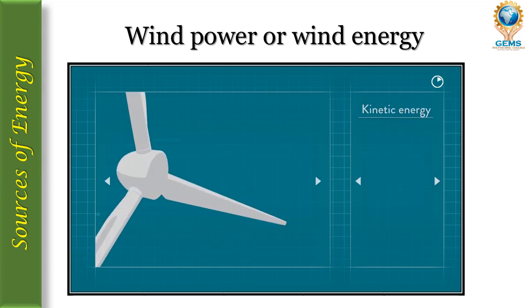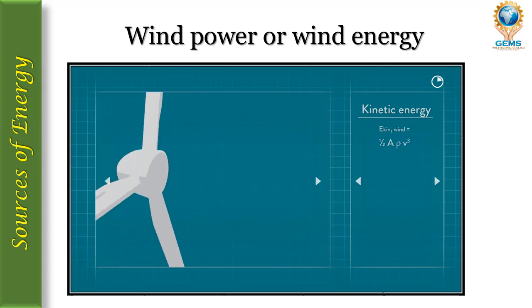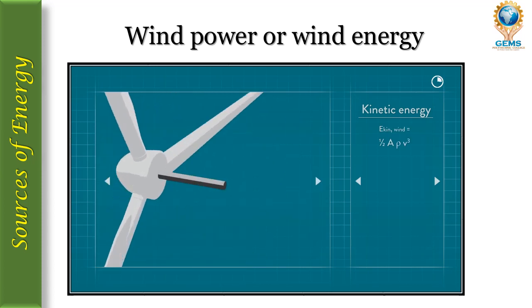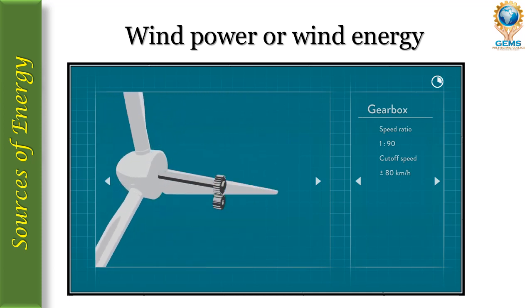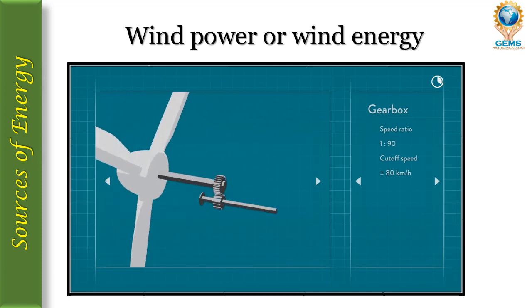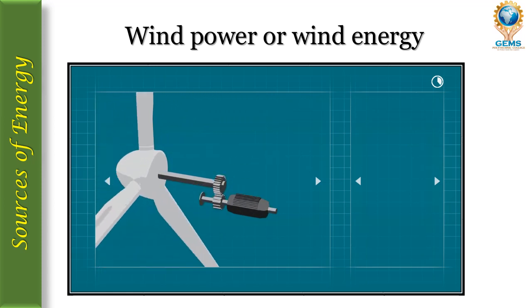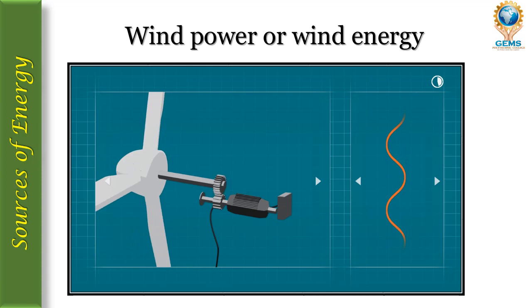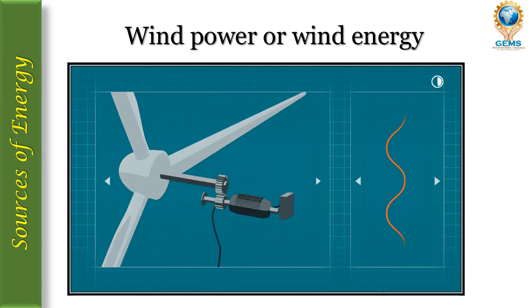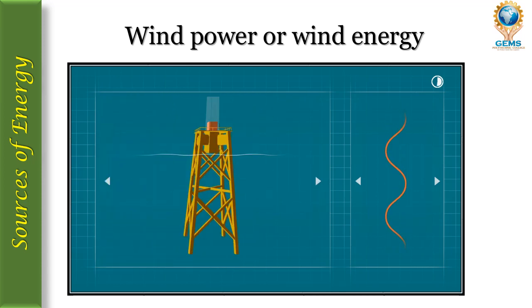The kinetic energy in the wind causes the blades to rotate. The rotor drives a low-speed shaft, and by using a gearbox, the speed of the shaft is amplified. This high-speed shaft drives a generator which converts kinetic energy into electricity. A frequency converter synchronizes the generated electricity to the grid. Subsequently, a transformer amps up the voltage before electricity is transmitted.